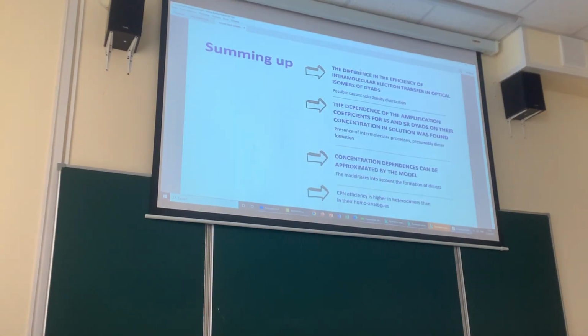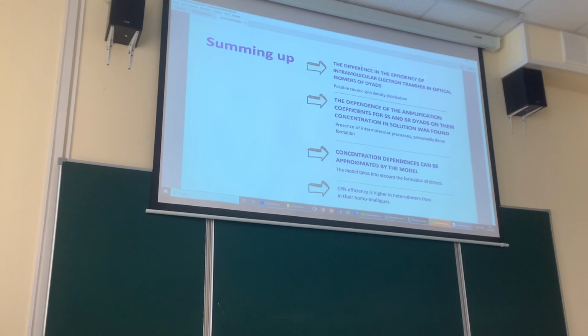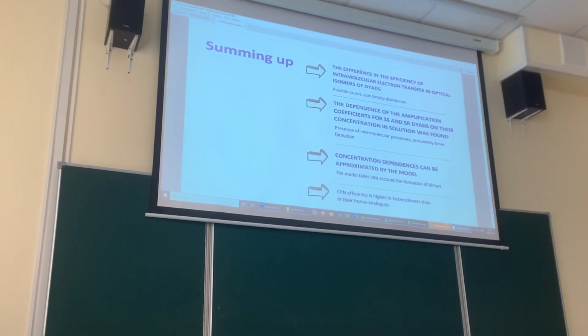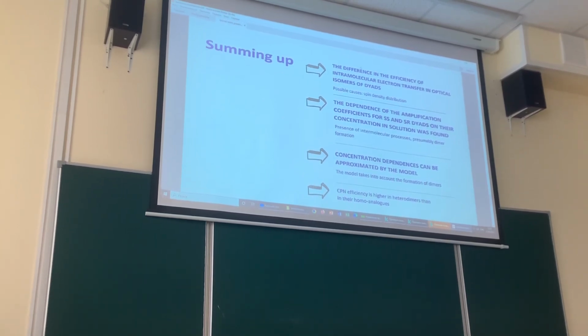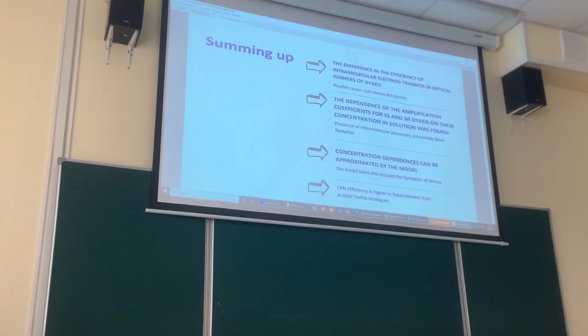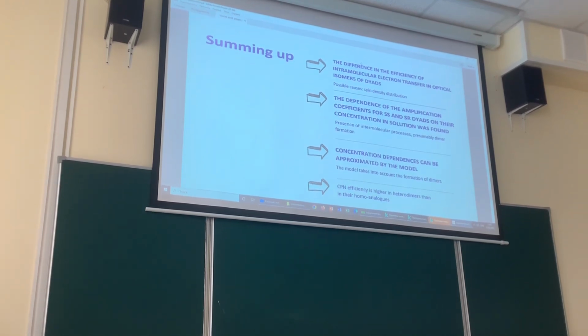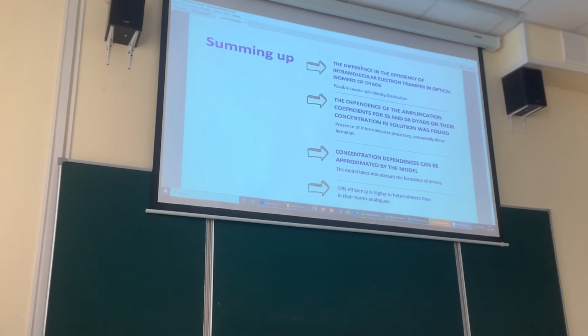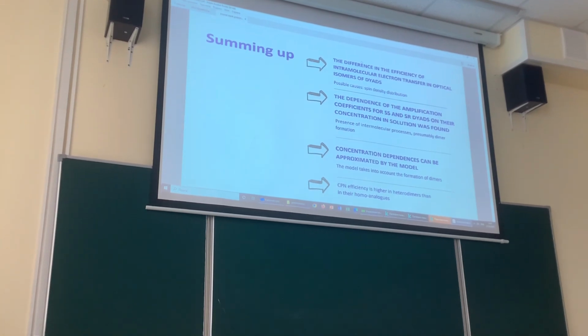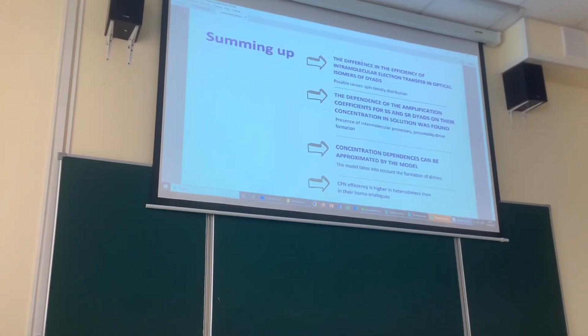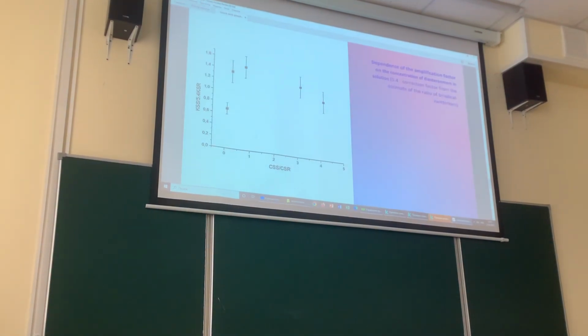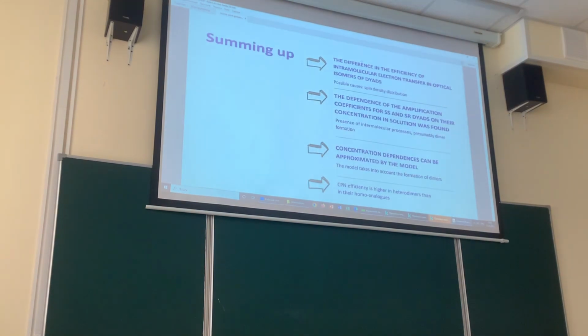To sum up, we found out that there is a difference in efficiency of intermolecular electron transfer in optical isomers. It can occur because of the spin density distribution, and another finding is the dependence of the amplification coefficients connected with the difference in concentrations, which we can see on this slide.